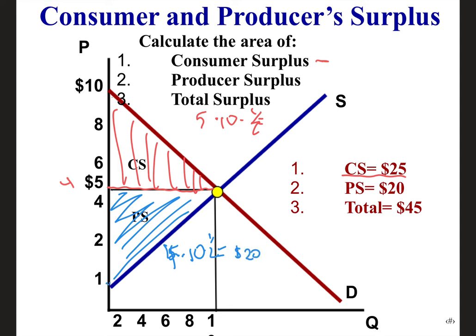The total welfare is measured in dollars, where consumer surplus is $25 total and producer surplus is $20 total. Our total welfare, what we see in this green triangle right here, which you could also figure out using the area of a triangle, we can also get by adding consumer surplus plus producer surplus, for a dollar amount of $45.